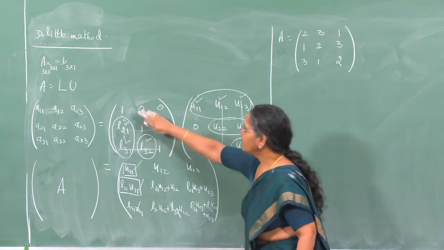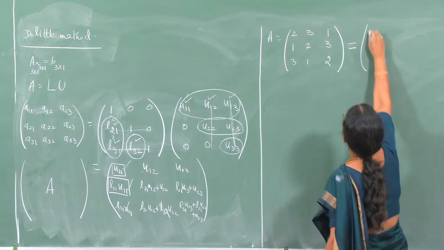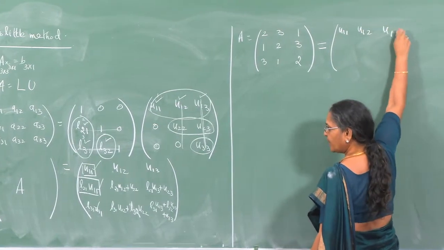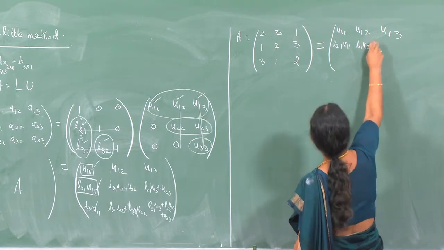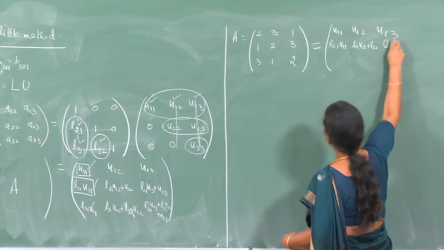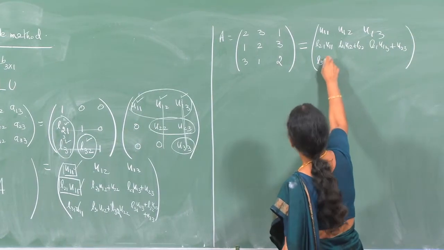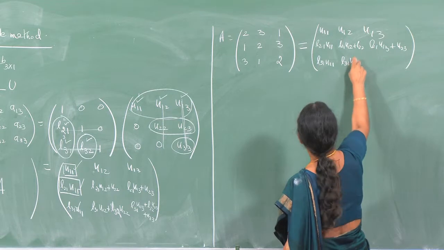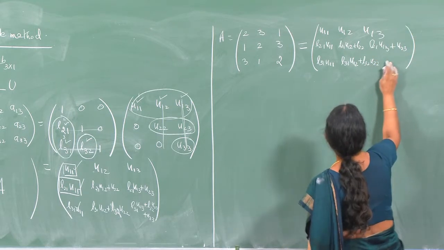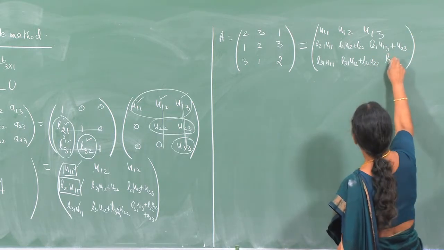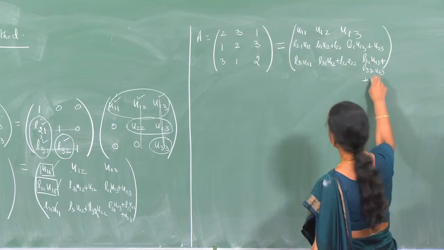So, now that all that is needed has been done, I directly equate this to U11, U12, U13, L21 U11, L21 U12 plus U22, L21 U13 plus U23, then L31 U11, L31 U12 plus L32 U22, and finally, the entry here is L31 U13 plus L32 U23 plus U33.